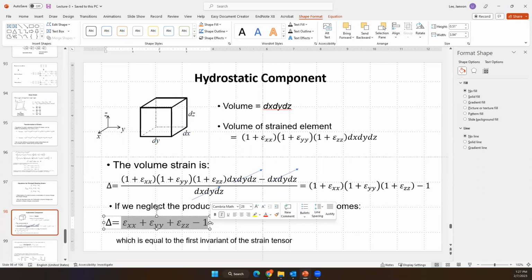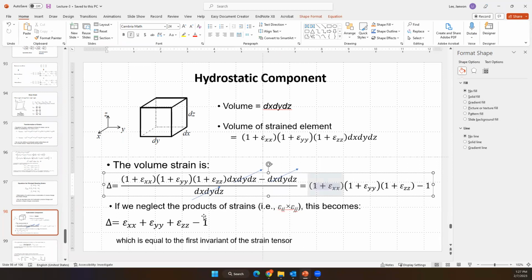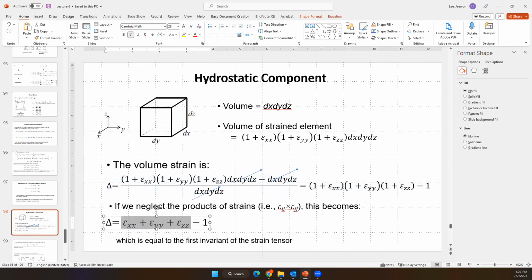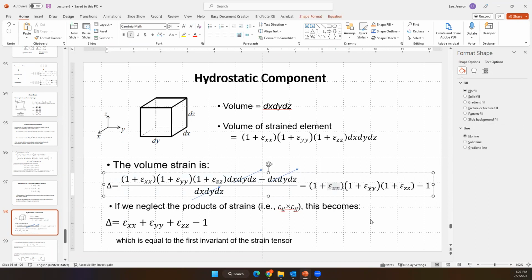Do you understand how to change it from this one to this one? Should I derive this equation? I think you can.